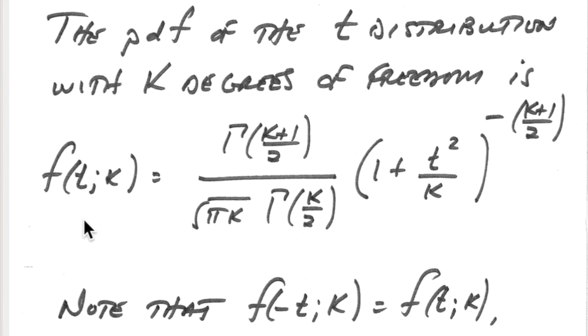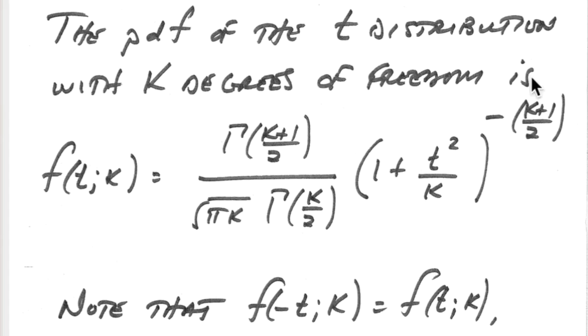Now, the PDF of the t-distribution with k degrees of freedom is equal to the gamma function evaluated at (k plus 1) over 2, divided by the square root of pi times k times the gamma function evaluated at k over 2, all of that times the expression 1 plus t squared over k, raised to the negative (k plus 1) over 2 power.